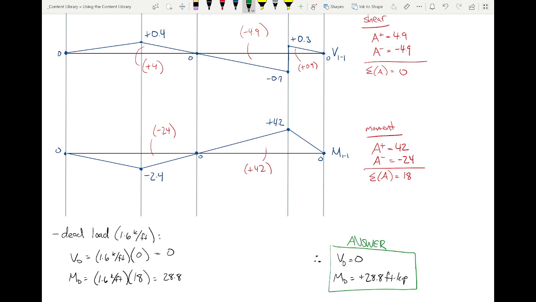And if you don't believe me, put 1.6 kips per foot on this beam, compute the reactions, draw the shear diagram, draw the moment diagram. What you'll get is a 0 on the shear diagram and a 28.8 on the moment diagram at section 1.1. Does that make sense? Any questions? All right.